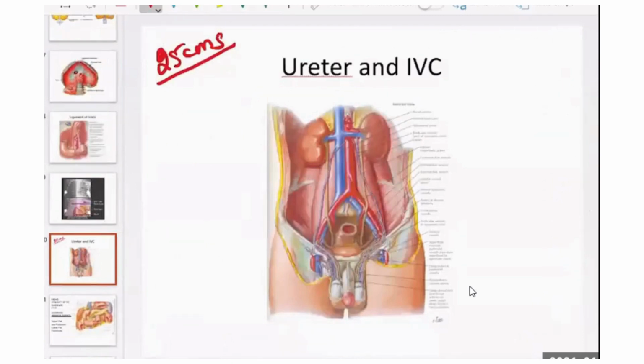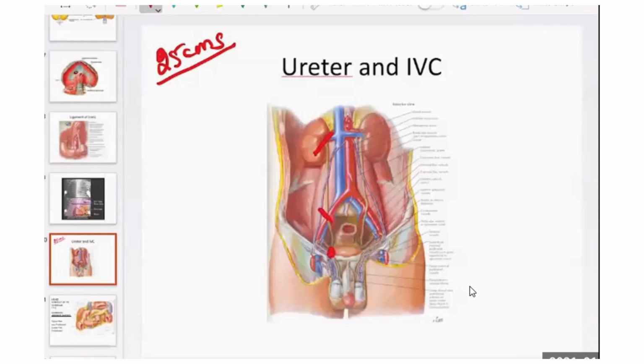So it shows some constrictions when it is traversing the posterior abdominal wall. One at the level of kidney, one where it is crossing the iliac artery, one where it opens into the interior of the bladder.